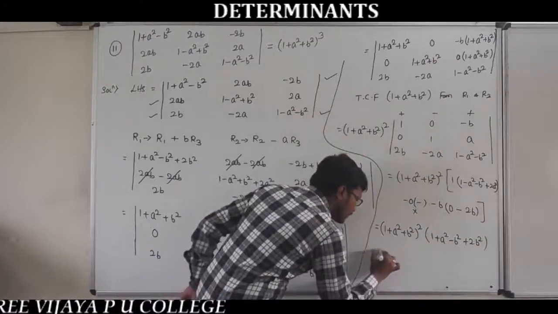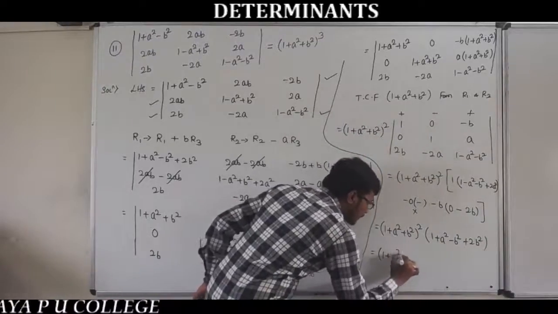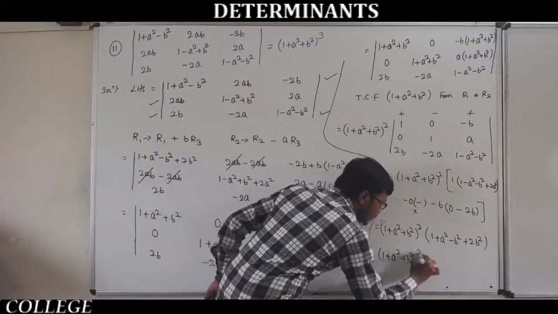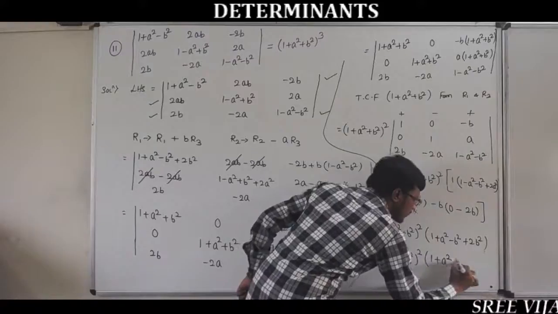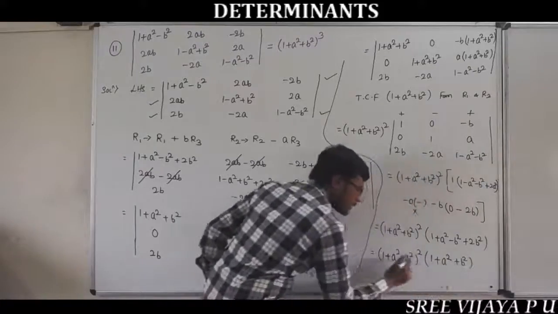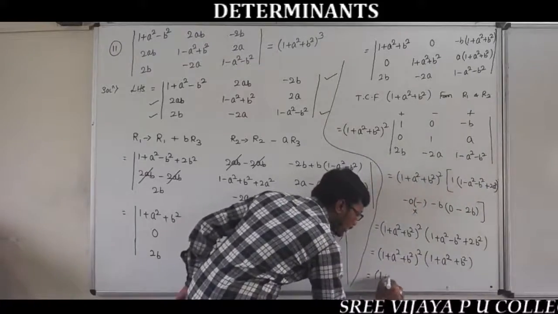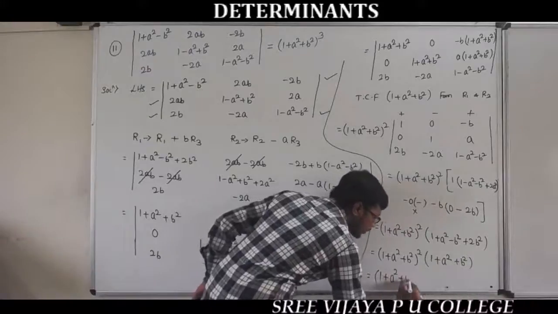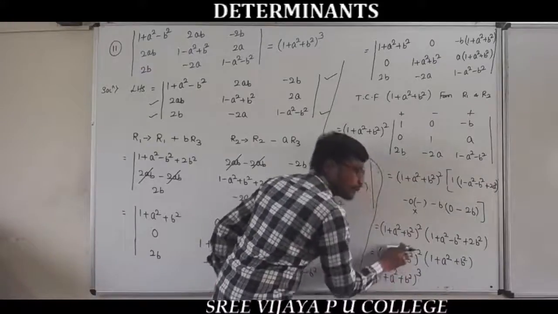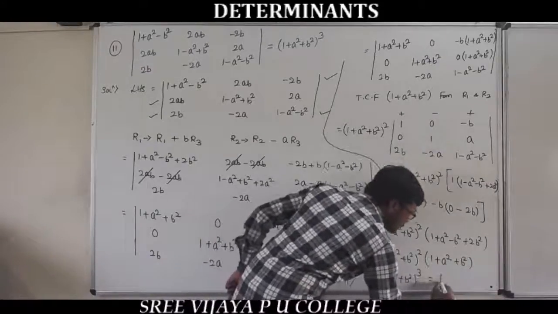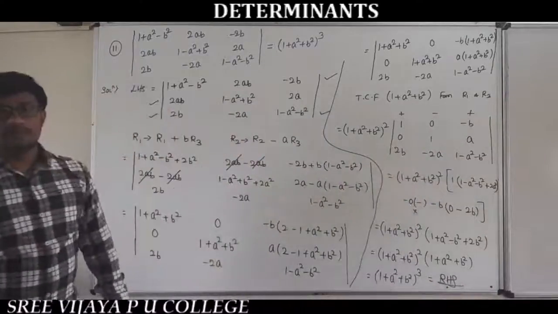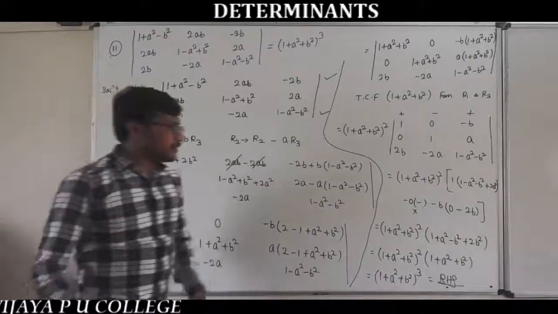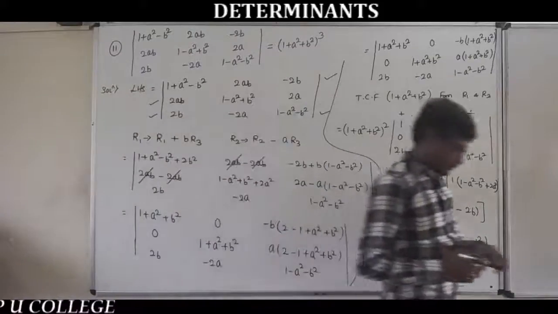So equals to 1 plus a square plus b square whole square into 1 plus a square plus b square. Multiply, and it becomes whole cube, because the power 2 becomes power 3. So that should be the RHS. Okay, so check that it is correct.